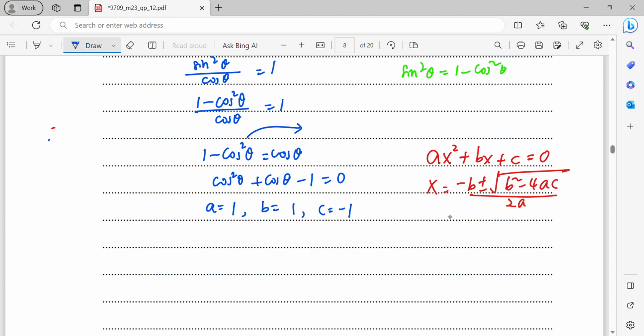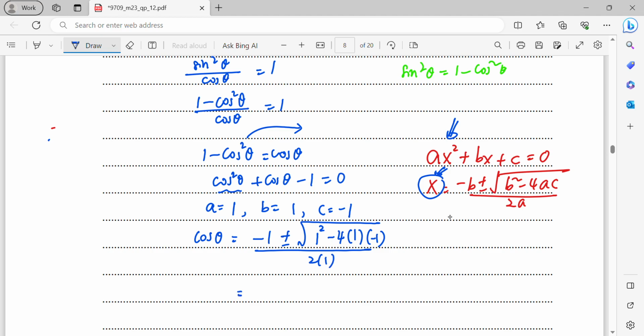For your information, if you are given ax squared, you will get x. But now I'm getting cos squared theta, which means my x will be replaced by cos theta. So I will get cos theta equals minus b, and the b is going to be 1. So I will get minus 1 plus minus square root of b squared minus 4ac, over 2a.